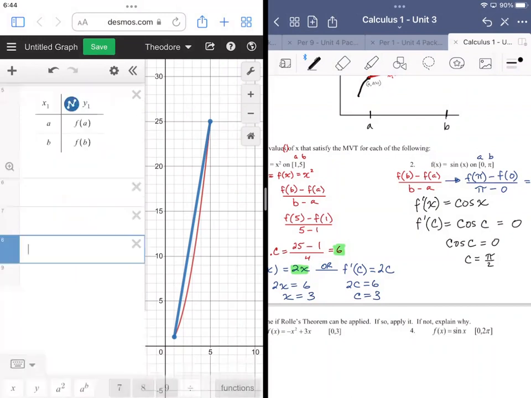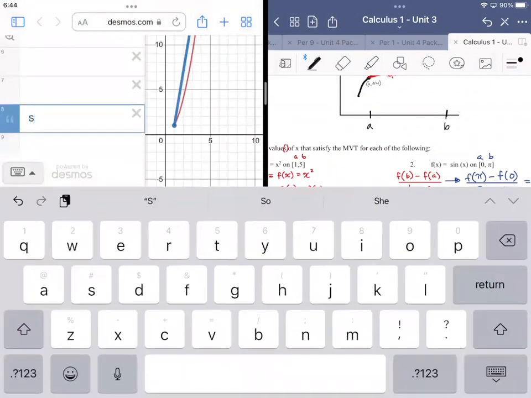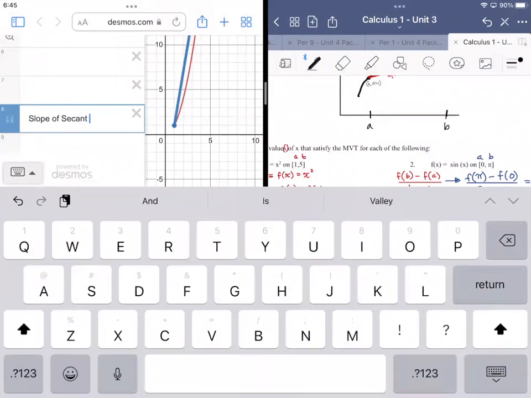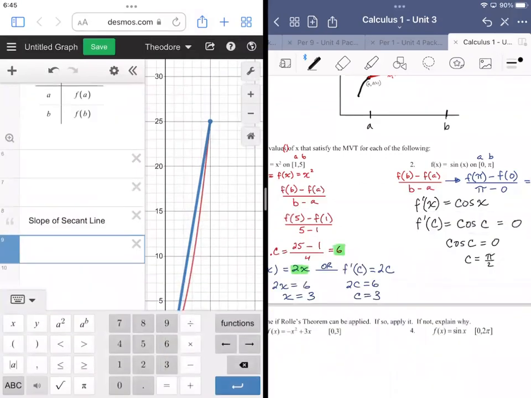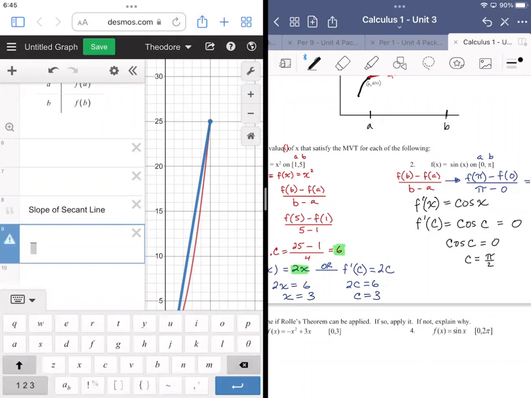I want the slope. All right, and that's going to be F of B. Let me put the fraction in first.